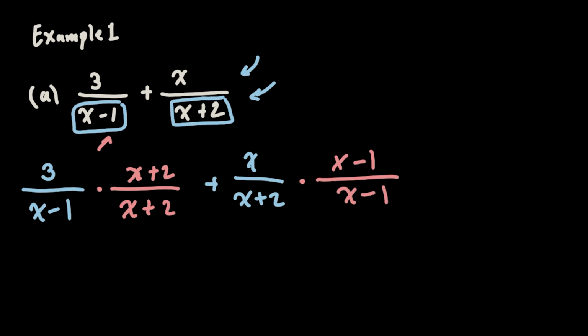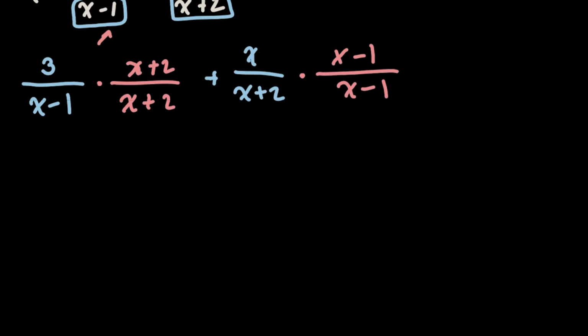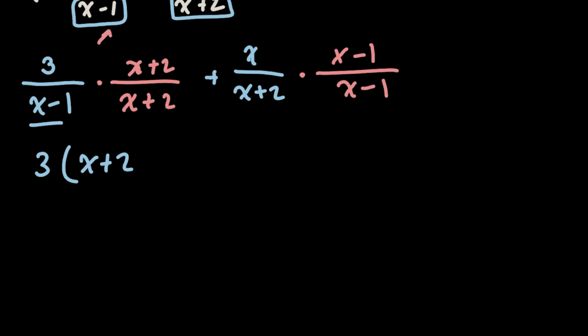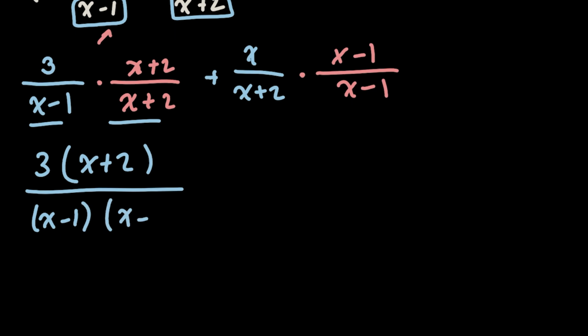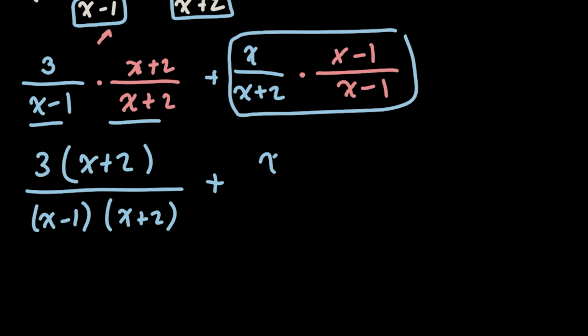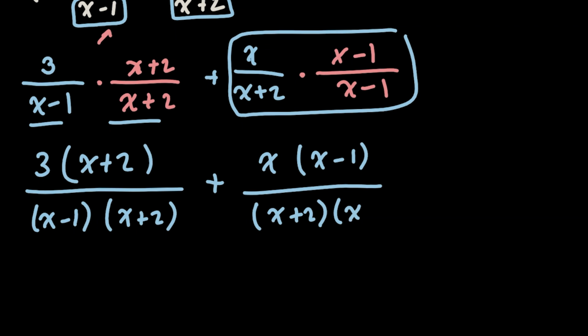So let's do the math. Here we will have 3 times x plus 2 over x minus 1 multiplied by x plus 2, plus here for this part we will have x multiplied by x minus 1 over x plus 2 multiplied by x minus 1.